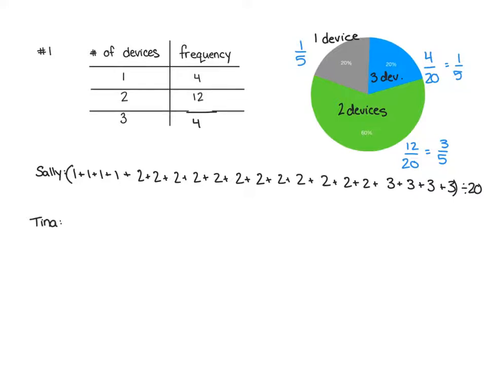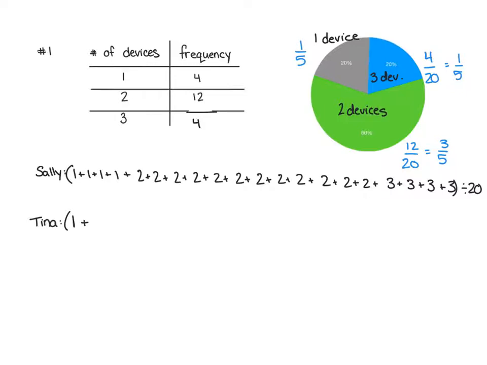Tina, on the other hand, looks at her circle graph and uses the fractions to write out her data set. She pretends that because we can simplify everything to 5, there are only 5 families. When she's looking at 1 device, 1 out of 5 families has 1 device, so she only adds one 1.